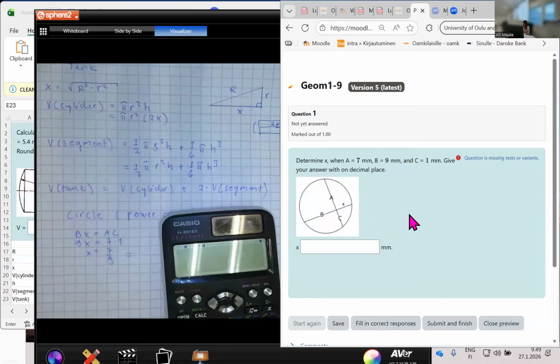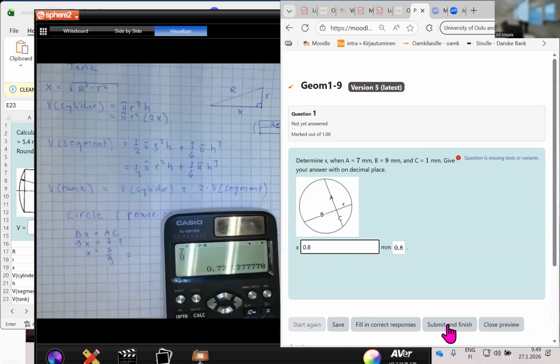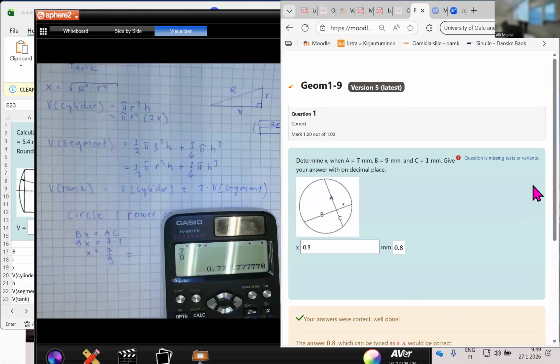You can always trust the equation book. So that's all we have to do for now. Yeah, that's it. 1 decimal place, which would be 0.8. And we have this one. Nope. Well done.